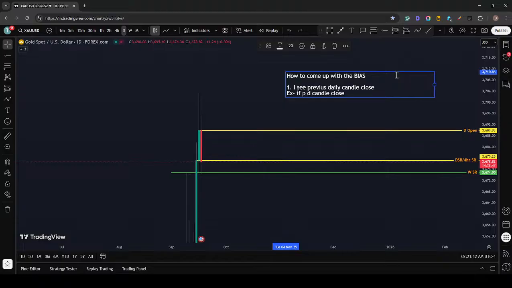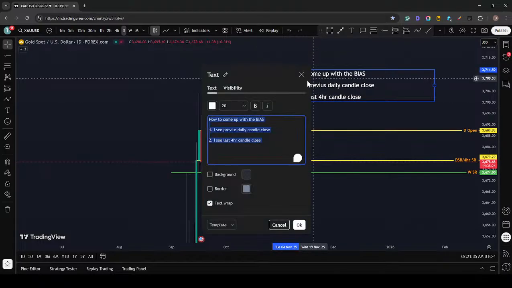I'll give an example after some time. The second thing is I see the last 4 hour candle close. This is how I come up with the bias.